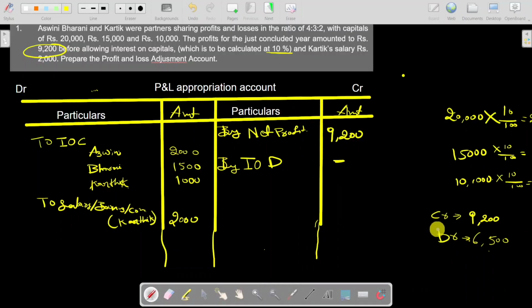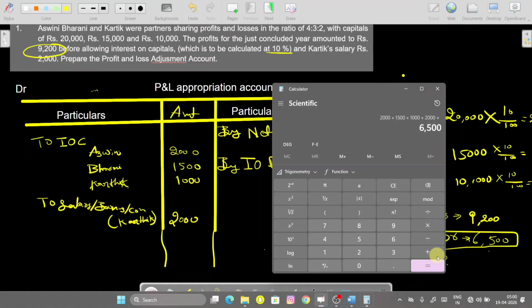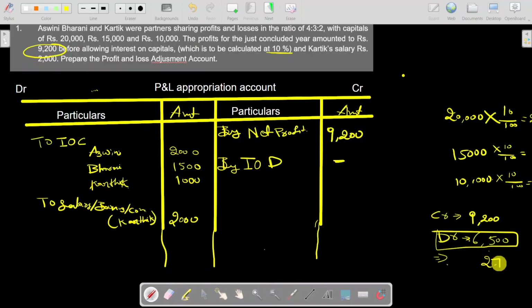So debit is lesser than credit, so we have to write the balance on the debit side. How much balance will we have? 9,200 minus 6,500. So 2,700 is the divisible profit.